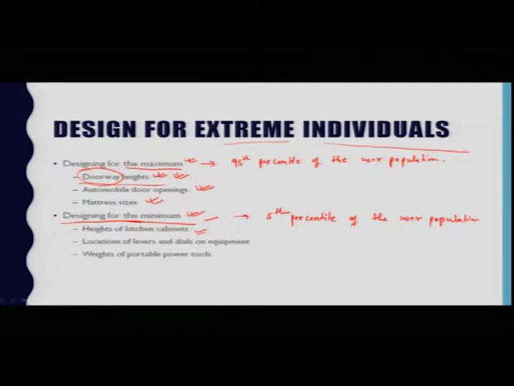So, examples of designing for the minimum body dimensions include the height of kitchen cabinets, location of levers and dials on equipment, and weights of the portable power tools.